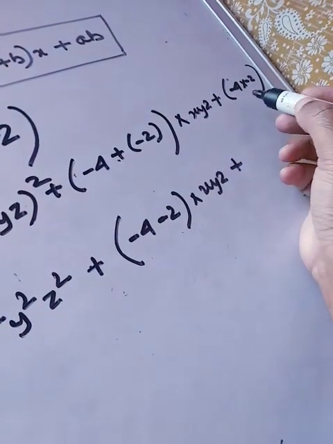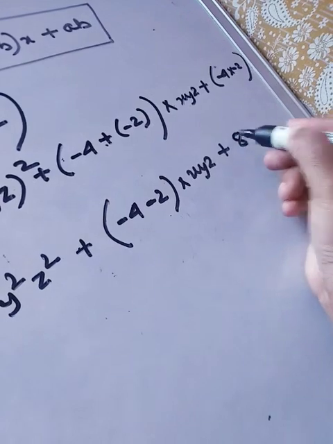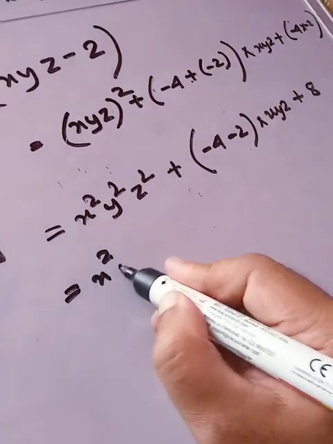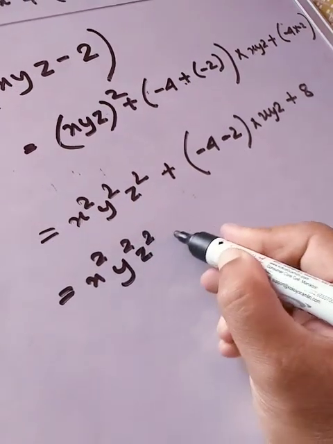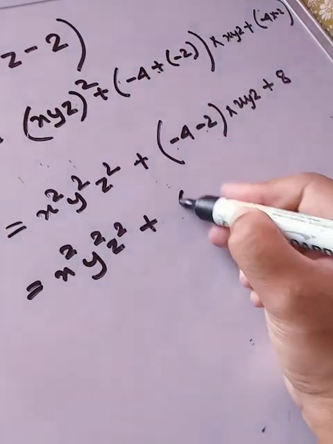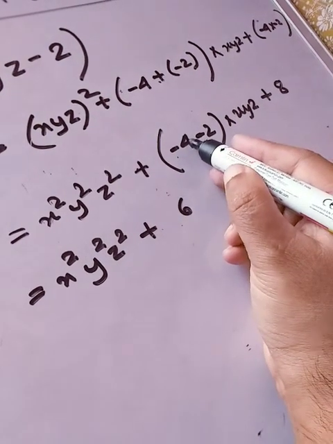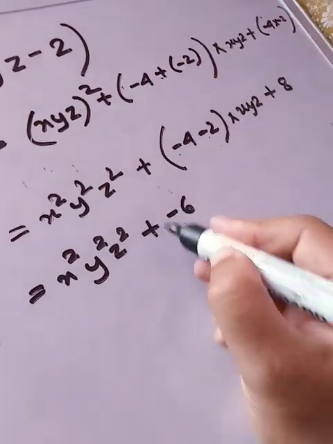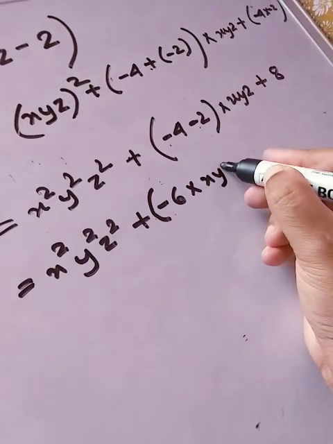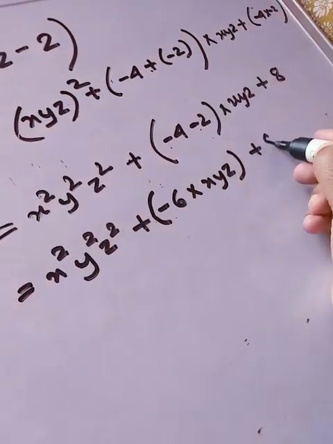Minus minus is plus. 4 2s are 8. Okay, now solve this. x square, y square, z square, minus minus plus. 4 plus 2, 6. Which number is greater? 4. 4 is carrying the minus sign, so I have given the minus sign. Now I have to multiply minus 6 with xyz plus 8.